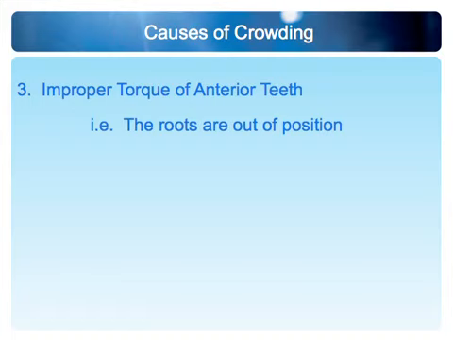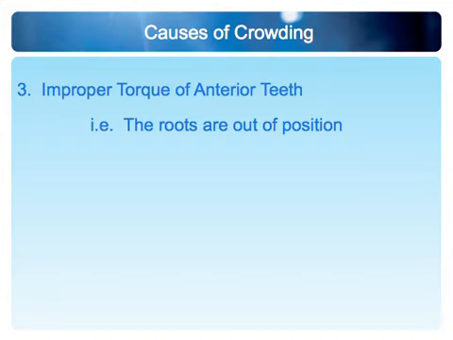And so the quickest one to envision there is the Class 2 Division 2 patient. You can put that right into your head immediately. Class 2 Division 2. Upper centrals are reclined, upper laterals are proclined and usually mesial, kind of trapping the centrals, and the lower anterior teeth, lower canines, are typically elevated and also then very crowded.